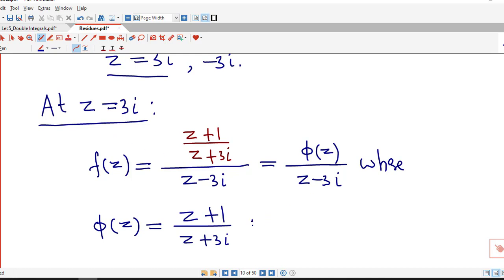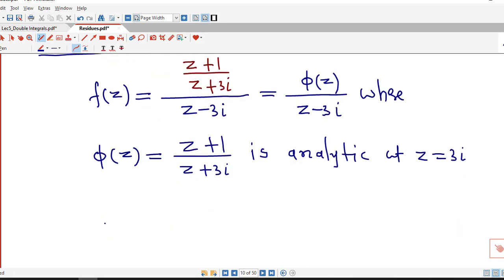It is obviously analytic at z equal to 3i, because it is a rational function and the denominator is non-zero at z equal to 3i. So phi of z is analytic at z equal to 3i, and we have to check whether the value of phi of z at z equal to 3i is non-zero or not.